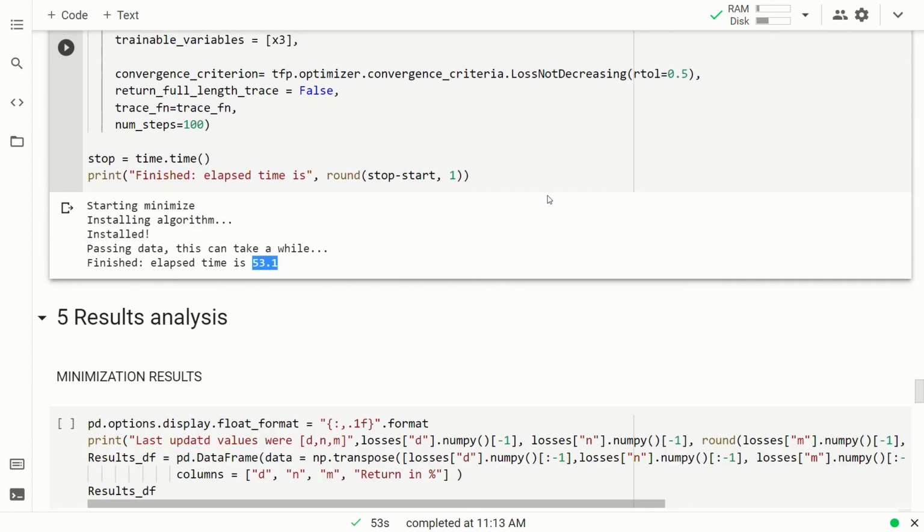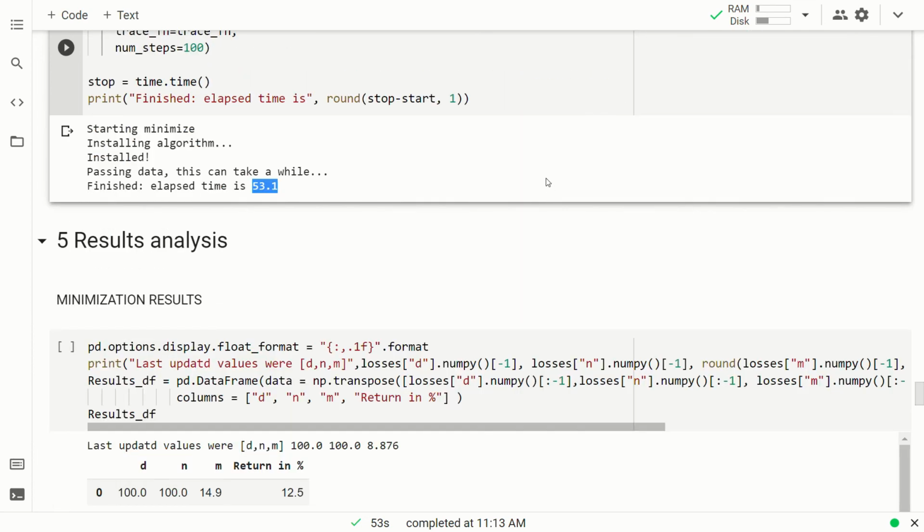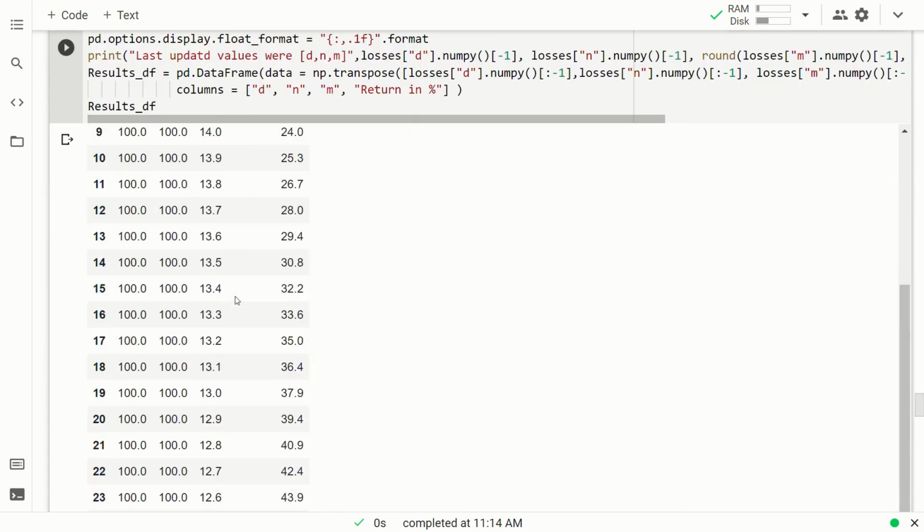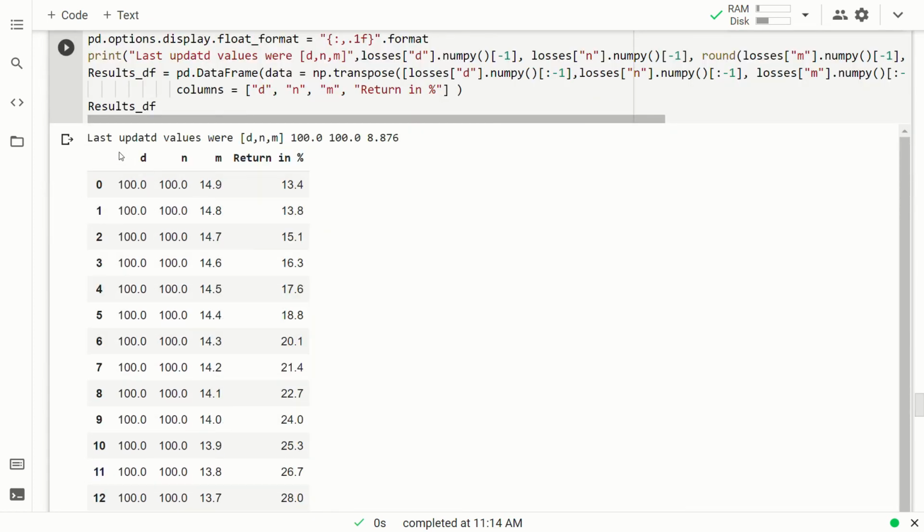Okay, now I want to analyze the results with you. Okay, so what do we have here? Here we have a table showing that, so as I said, D, N, and M, and our return in percentage points.